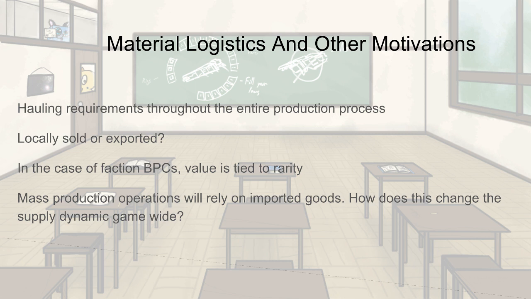So we just talked about how rorquals do a lot of mining, right? But for the rorqual pilots that just do the mining and they just want to be paid in cash, which is the majority of rorqual pilots, they just want to mine. They don't want to be bothered about the whole production line. They just want to get paid. I will probably end up selling my stuff to either someone in Alliance, right?